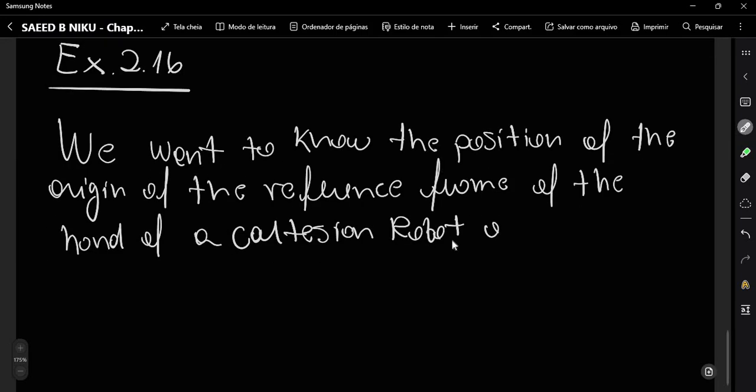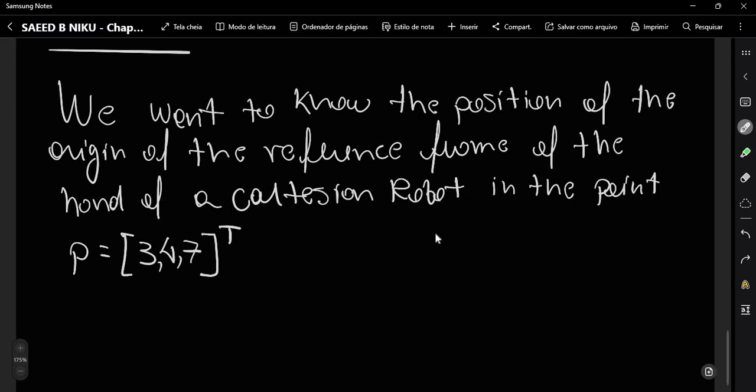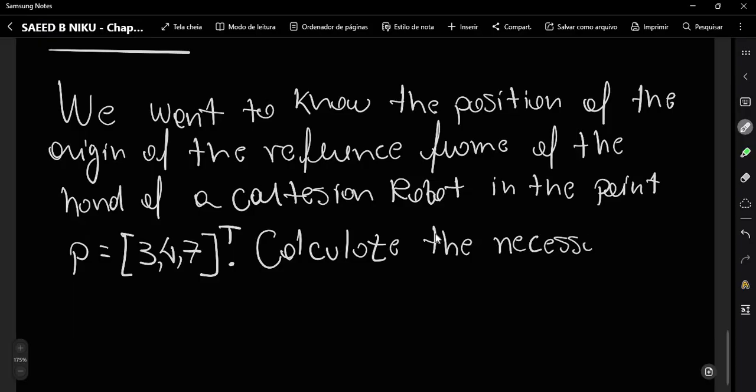In the point P if the coordinates 3, 4, and 7 and ask to us to calculate the necessary motion in Cartesian coordinates.